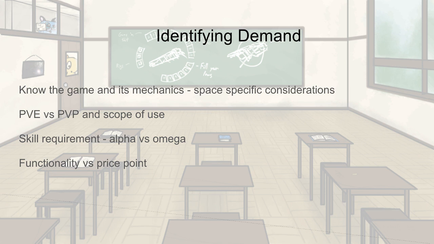Concerning PvE, because it has to happen, right? Think about it for your own purposes. If my main source of income is ratting, then I have to have a ratting ship. I cannot not have a ratting ship, otherwise I'm not making money. So I will almost always have a PvE ship ready to go, and that may not be the case for PvP.